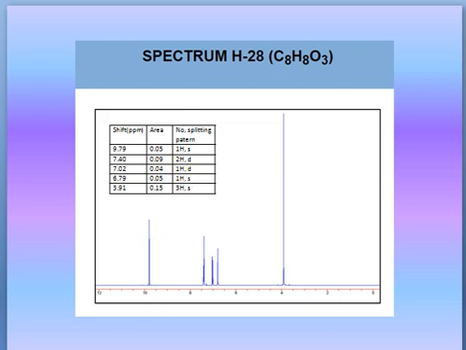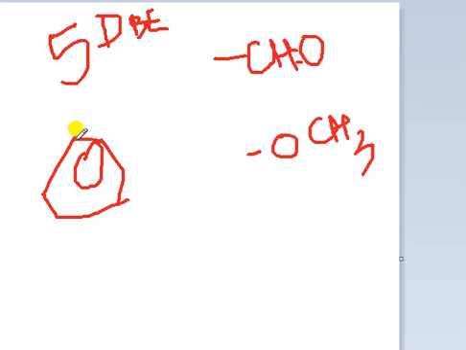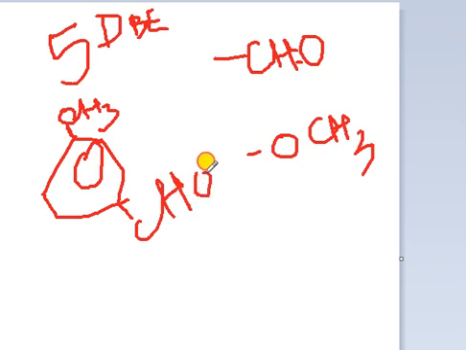But if you write 4, then there is a problem, then there will be 3. If you write 4, it is one substituted. Let's write OCH3, and we can write an aldehyde group. We don't know where it is.